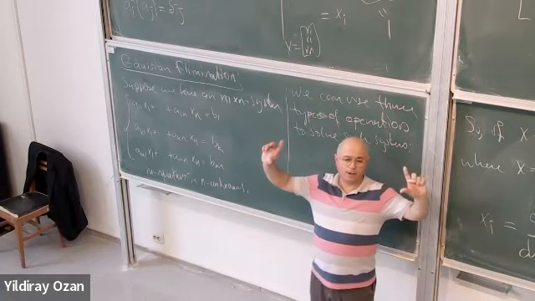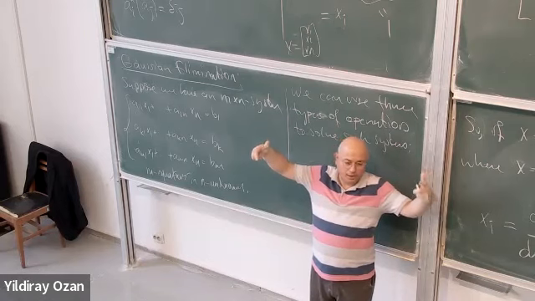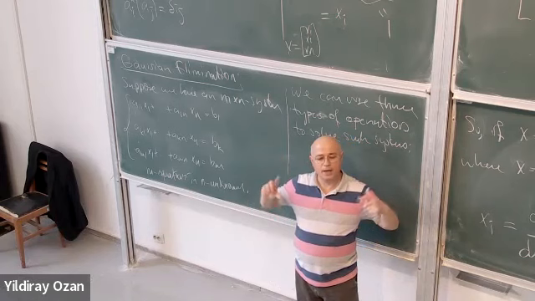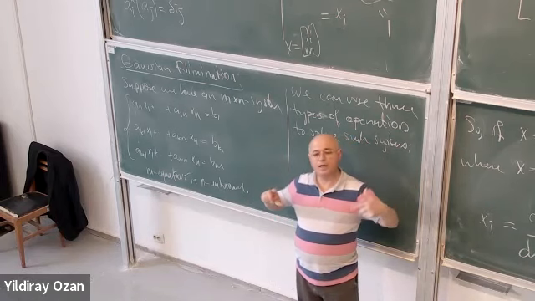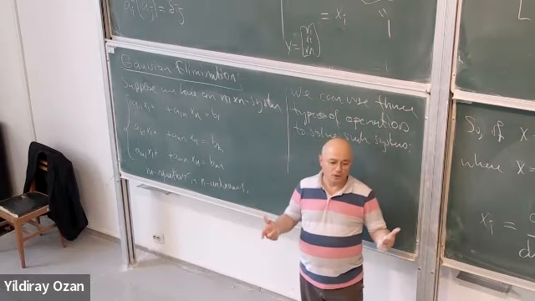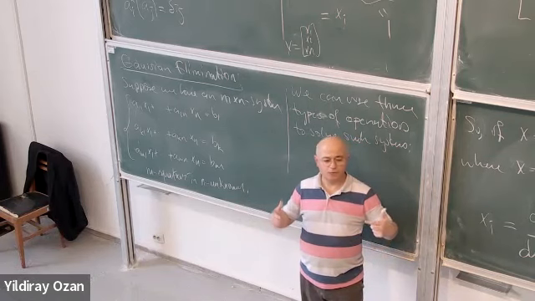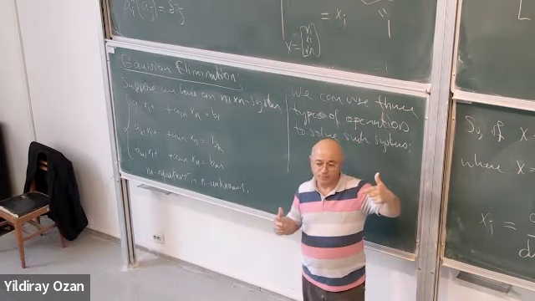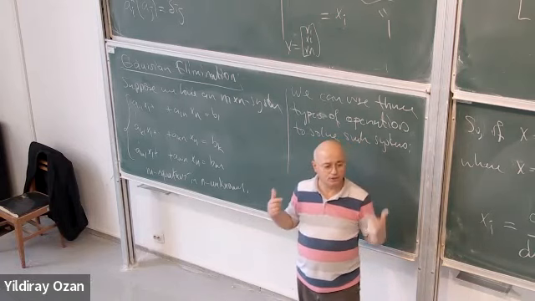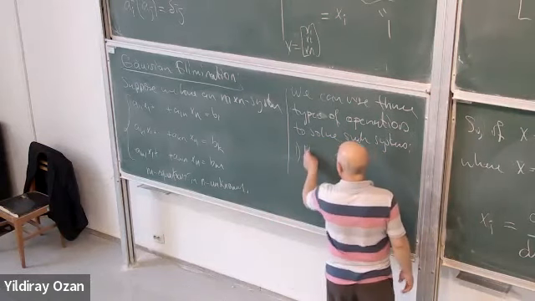I can multiply an equation by, let's say, 5, if 5 is not 0 in that field. You can do this because you can undo that operation: if you multiply with a non-zero scalar, then you can divide by that non-zero scalar and you get the same equation.